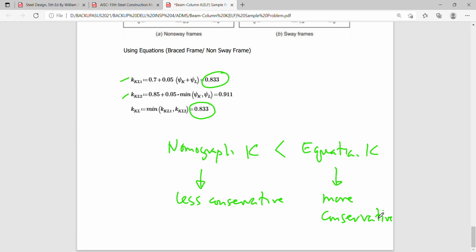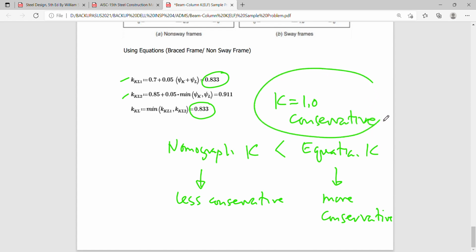Okay, since your effective length factor K is more conservative if we assume it to have a value of 1. Okay, so this is now your comparison between the use of the two methodologies.